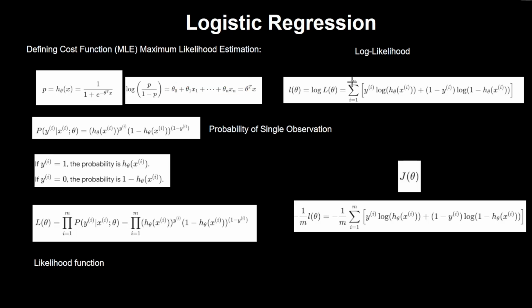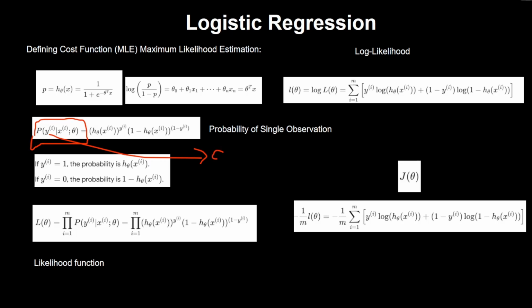So let's look at the probability for a single observation. For a single observation, we have this formula. So what does this formula say? Here we have the conditional probability of yi given xi, semicolon, theta. Theta is nothing but the coefficients. So this is for a single observation. What is yi?